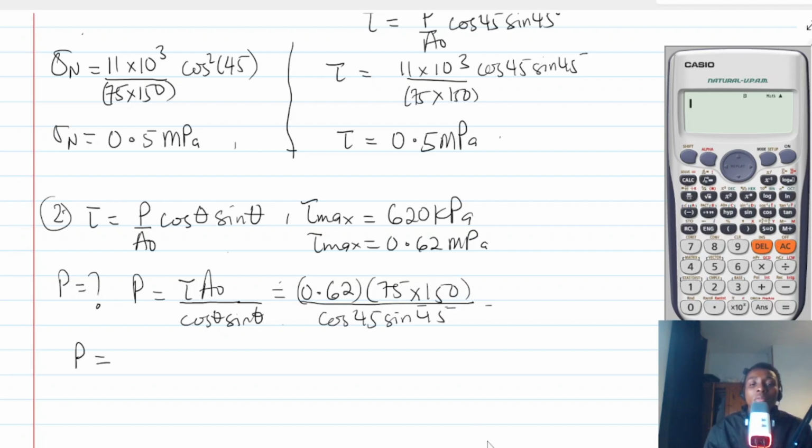So we get 13,950 newtons, which is 13.95 kilonewton. So that is P.